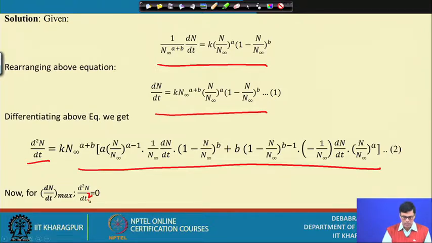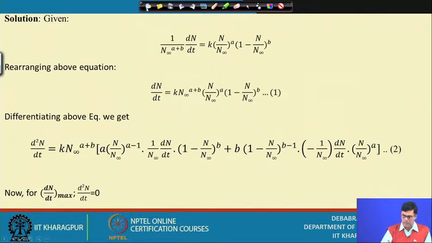Okay. So, I can explain this a little bit. If you differentiate this, N infinity is constant, am I right? But N is the variable, and this is also variable. So we differentiate with respect to these two terms, and when we differentiate with respect to time, it will come like this.